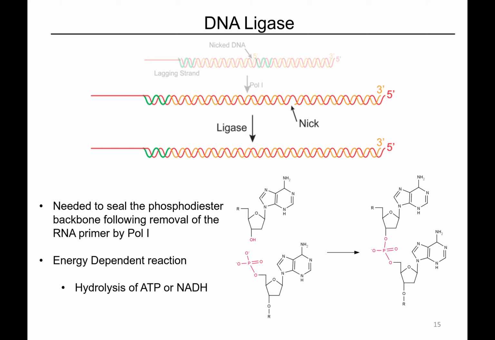Okay, so simply said, it creates a phosphodiester bond within a chain of DNA, right? So we have a 3' hydroxyl group, we have a 5' monophosphate, and this 3' hydroxyl is a nucleophile that attacks that phosphate, okay, and ultimately we release hydroxide or water. That's the overall reaction. But this reaction by itself is not spontaneous. Right? Ligase reactions aren't spontaneous.